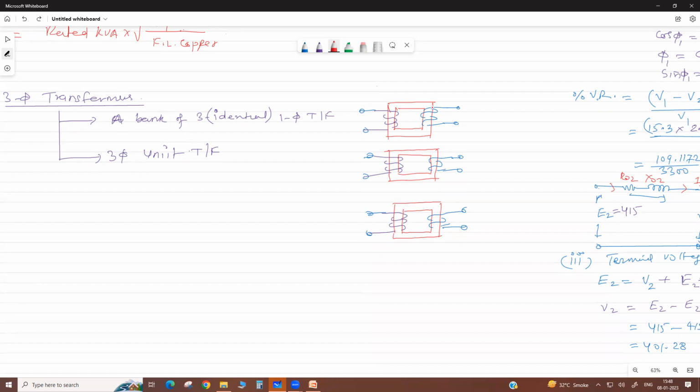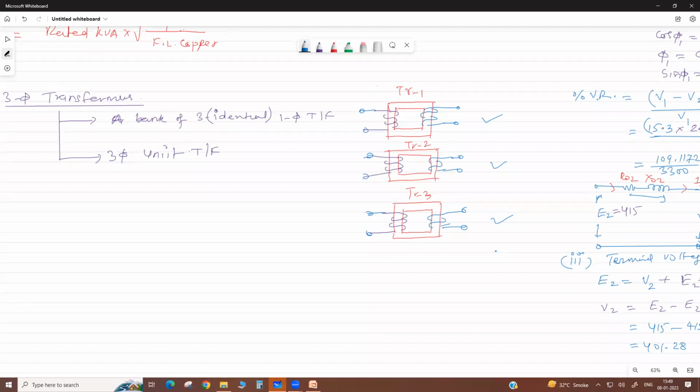Suppose this is TR1, TR2, TR3, the same spare part we can use in any one. The disadvantage is we have to install these 1, 2, 3 independently. The cost is more, because if you order three units, the initial cost is high, and large space is required for installation.